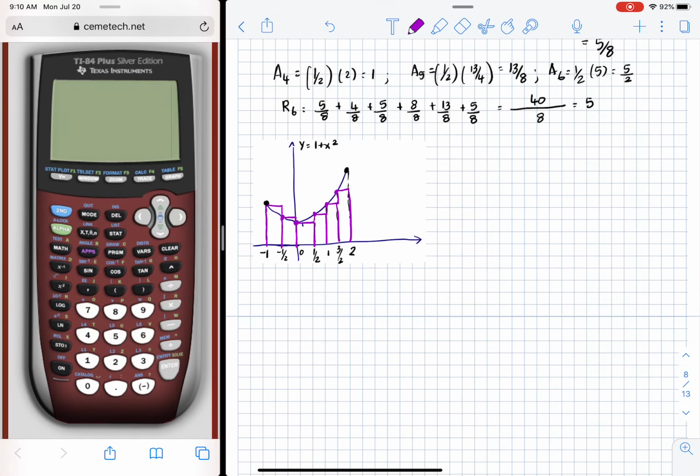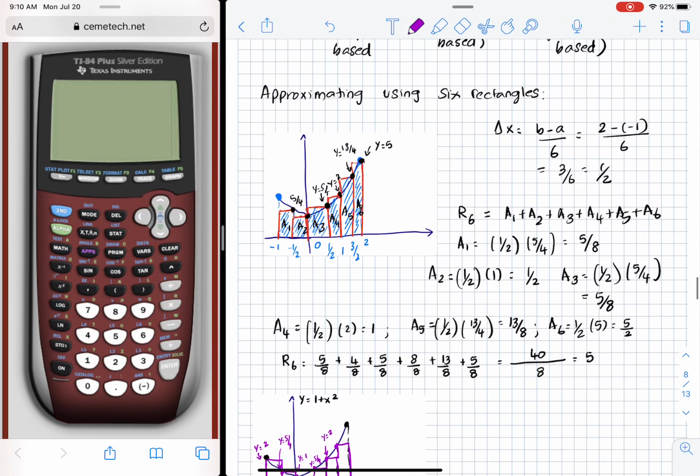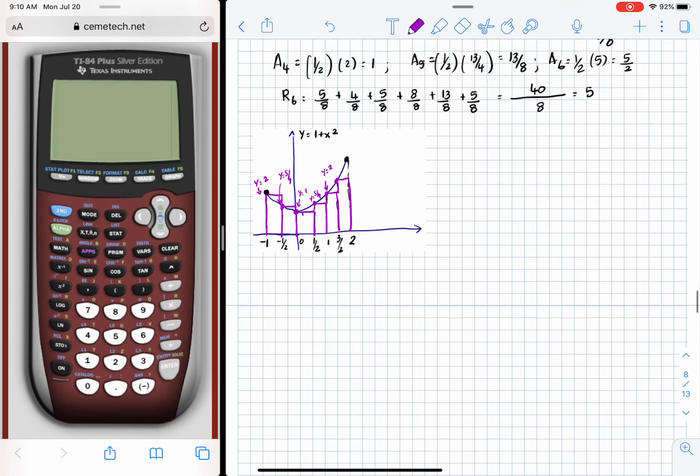So the points that we are going to use would be the first endpoint, -1. Here y is equal to 2. The next point, we know that value already. That was y equals 5 over 4. We know that point is y equals 1. And that would be y equals 5 over 4 also. Right there, it's y equals 2. And right there, it's y equals 13 over 4.